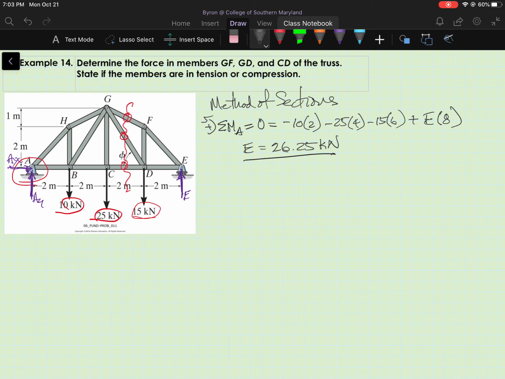Okay, now I can draw my free body diagram of the right side of the cut. So I'll do that over here.